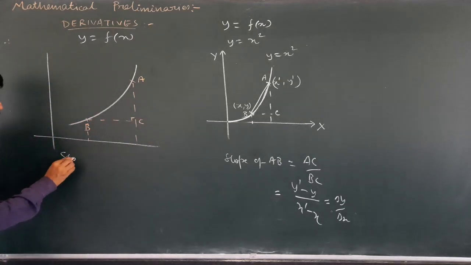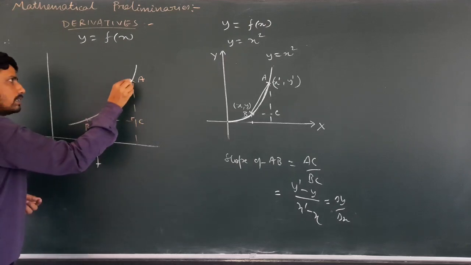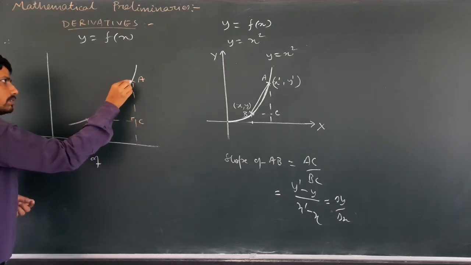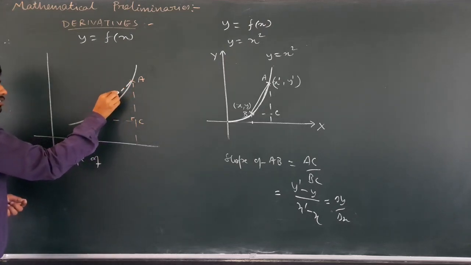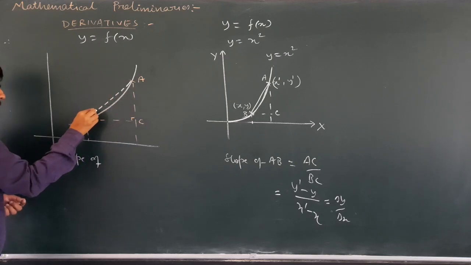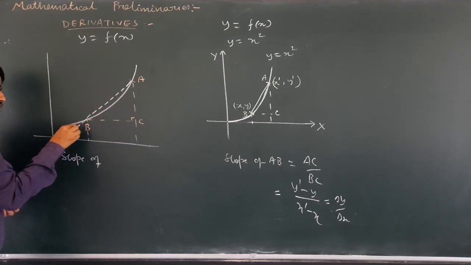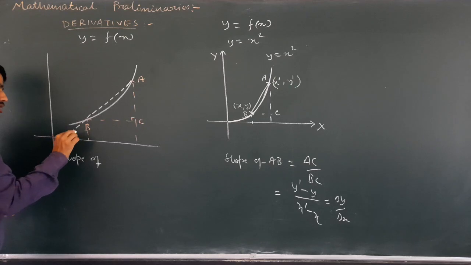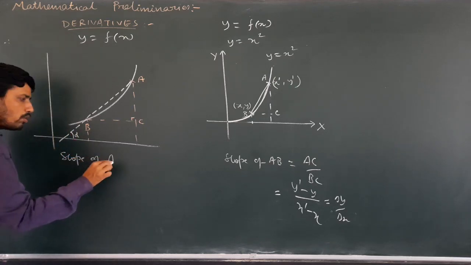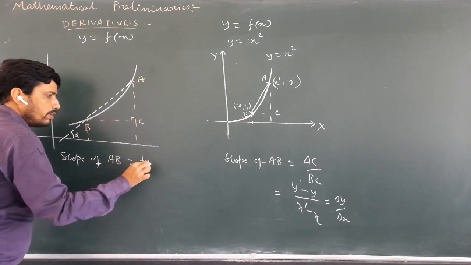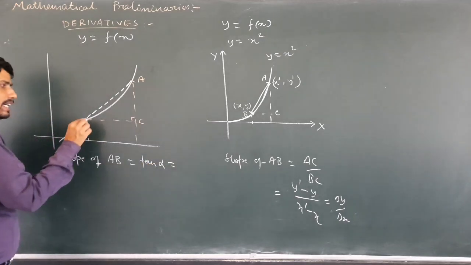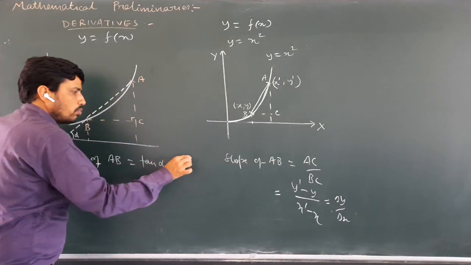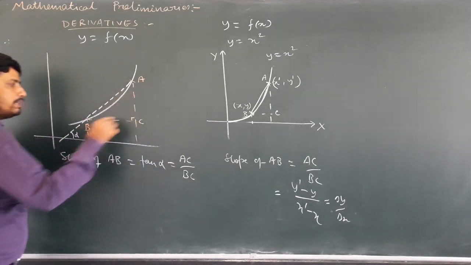So the slope of straight line AB, you can produce it also. Suppose it makes angle alpha. Slope of straight line AB will be tan alpha, and that tan alpha, as we have discussed, will be AC upon BC.